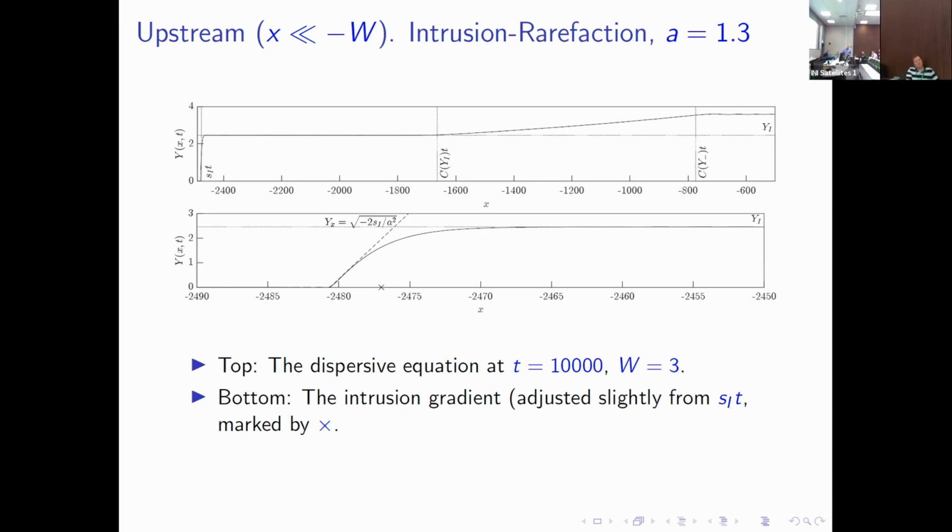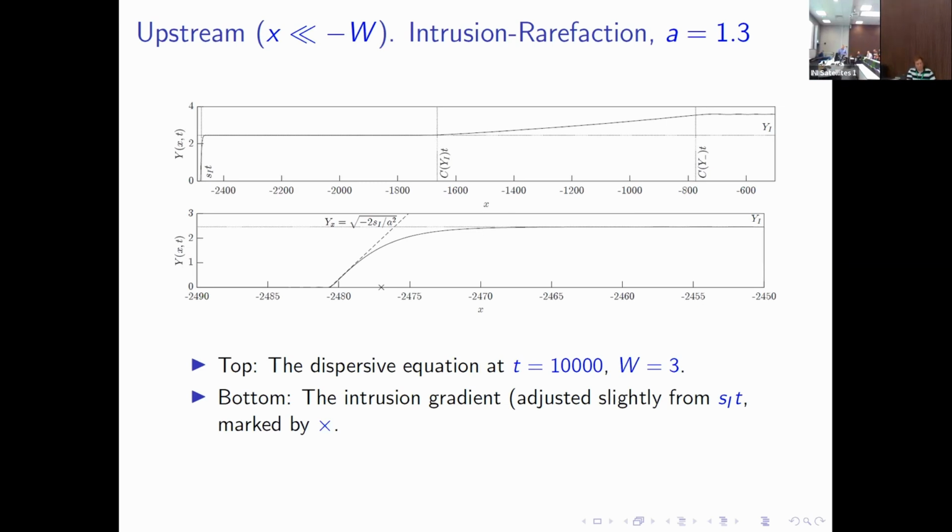And then this is the value here that we've determined at the origin, linked in this case by a rarefaction. Of course, the ends of the rarefaction are just the long wave speeds for that height and for that height.